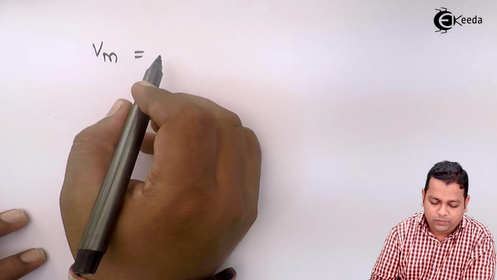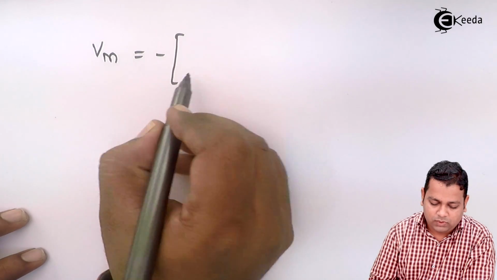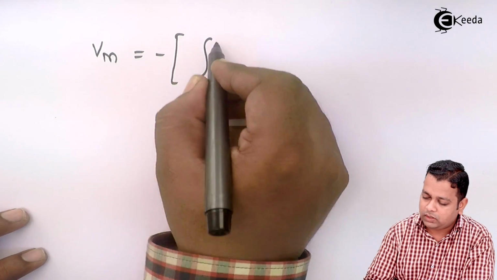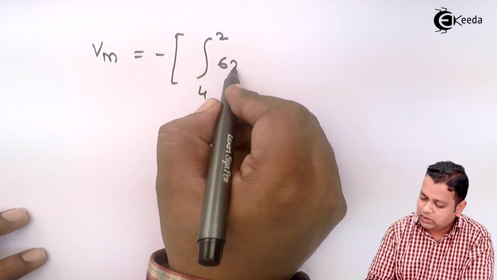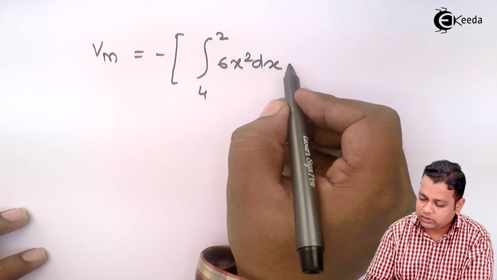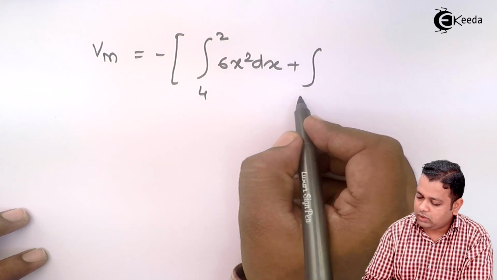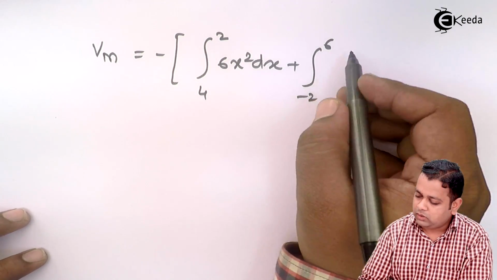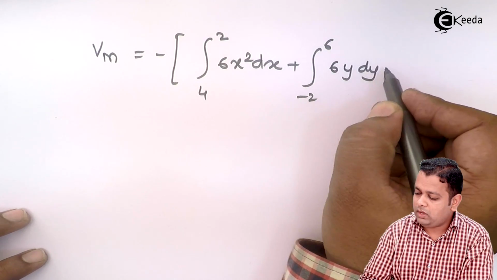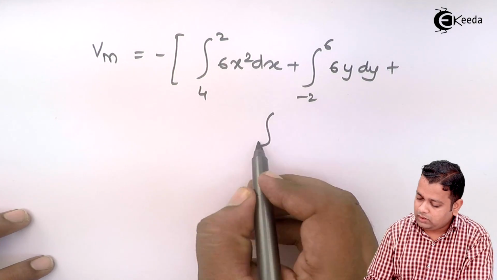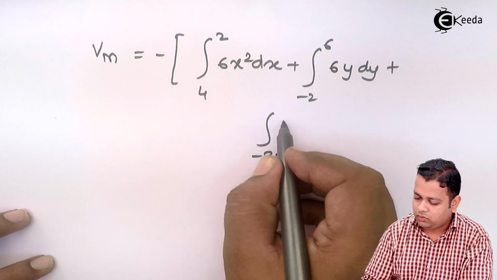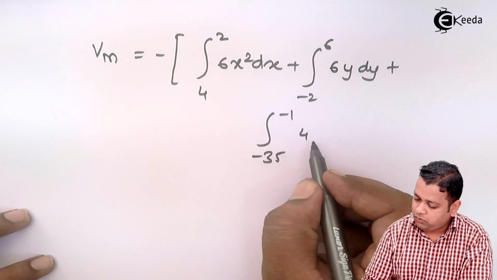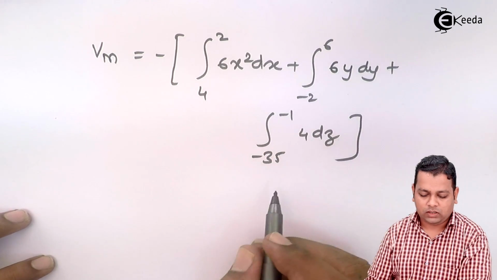So solving the three integrals in three terms, we shall be proceeding to get V_M. So V_M will be equal to minus, in bracket it will be integral 4 to 2 of 6x² dx, plus the second term integral -2 to 6, it will be 6y dy, plus integral -35 to -1 of 4 dz, bracket complete.